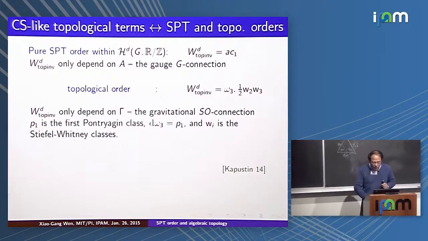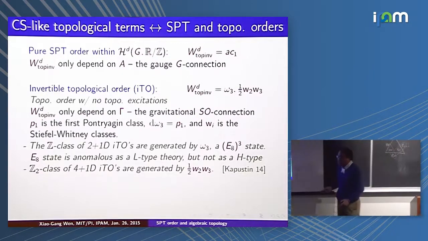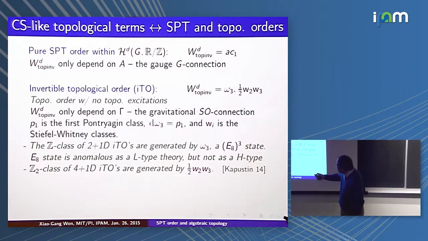But this kind of term does not describe all topological order. It describes the so-called invertible topological order, which is a topological order with no topological excitation. So this special kind of topological order is described by this kind of topological invariant.